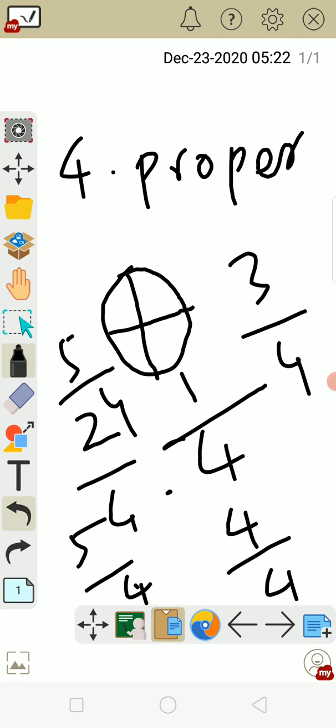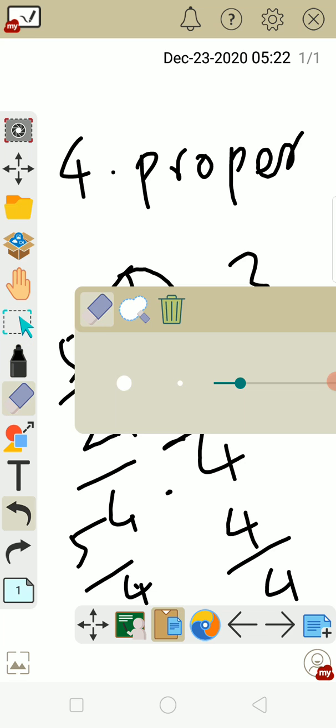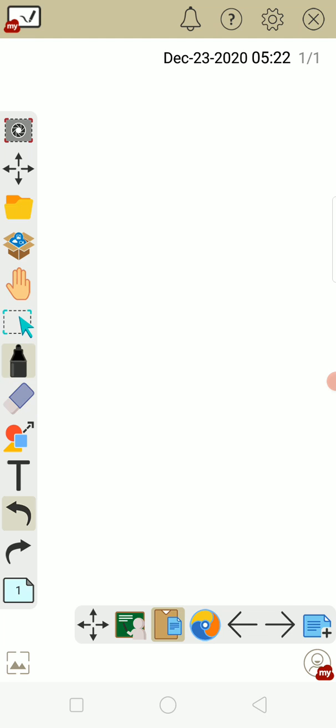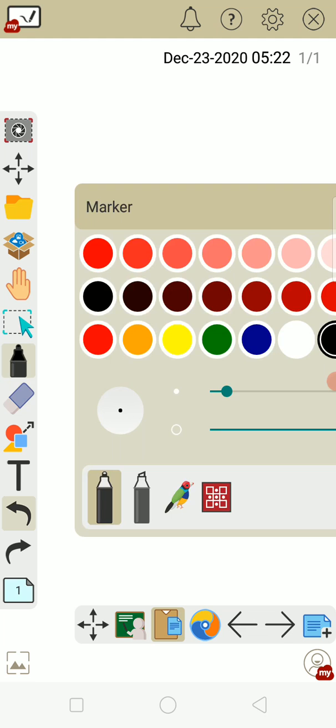This diagram explains it. Okay, so we know what a proper fraction is.